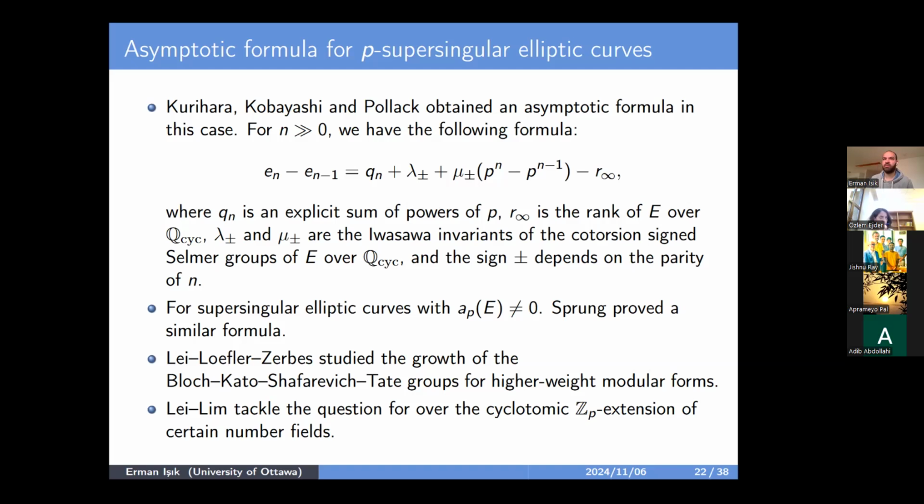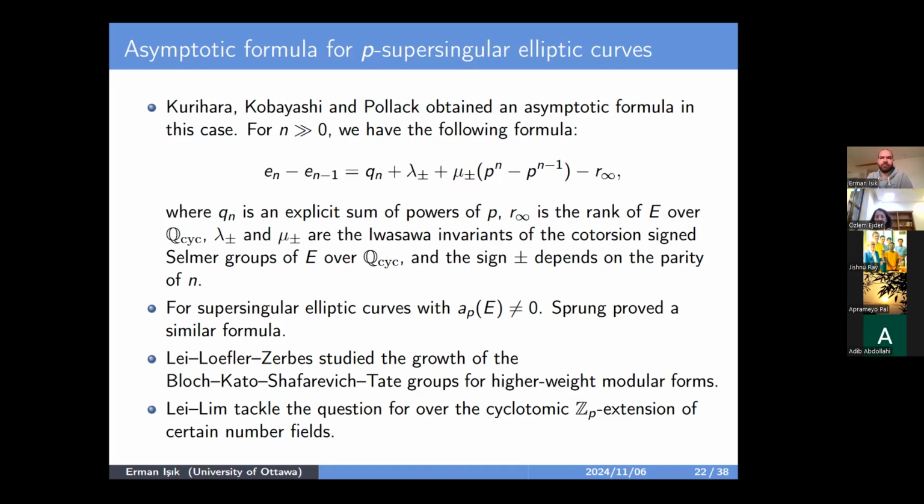In the inert case also you can take the signed Mordell-Weil groups, and you can also define signed Tate-Shafarevich groups. But no one has yet, I guess, studied the growth of those in the inert case. Well, we studied the Tate-Shafarevich group, but we haven't studied in that direction. Yes, that is true. No one has done that.